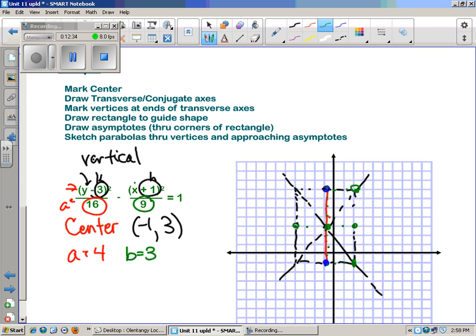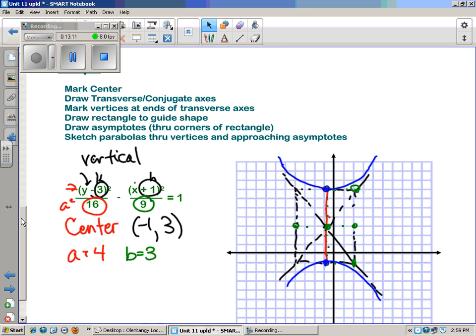All right, so now that I have my asymptotes and I know where my vertices are, I draw my hyperbola in there so that it never touches the asymptotes, but it gets closer and closer and closer. And then I have one down here as well. Okay? And that's it. My last step was sketch the hyperbola through the vertices and approaching the asymptotes but never touching.